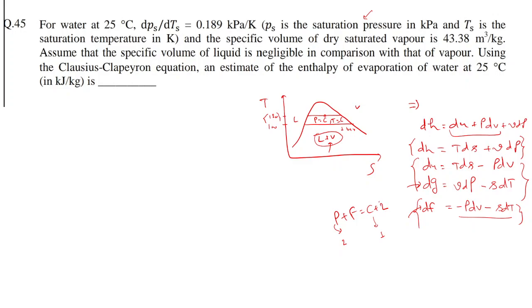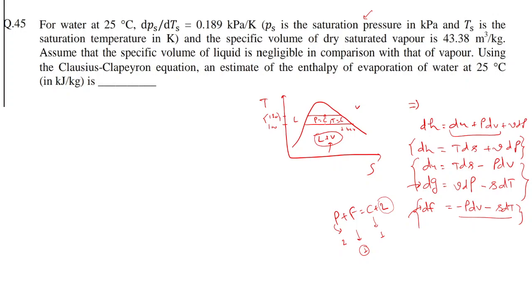What does this 2 signify? Can anyone tell? Pressure and temperature, because two variables are there. So if you apply it here for the mid part, F will come 1, right? So what does 1 signify? Apart from pressure and temperature, if you fix any one, then you can locate that point, means all quantities you can get from there.